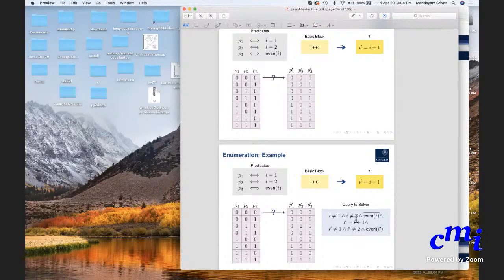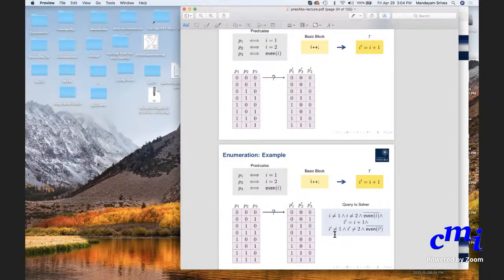That is, I is not equal to 1, I is not equal to 2, and not P3 corresponds to not even(I), and I prime is equal to I plus 1. I will query the solver to see if I can get to a state in which P1 prime, P2 prime, P3 prime are all 0, that is, false. So this is the query you have to ship to a solver.